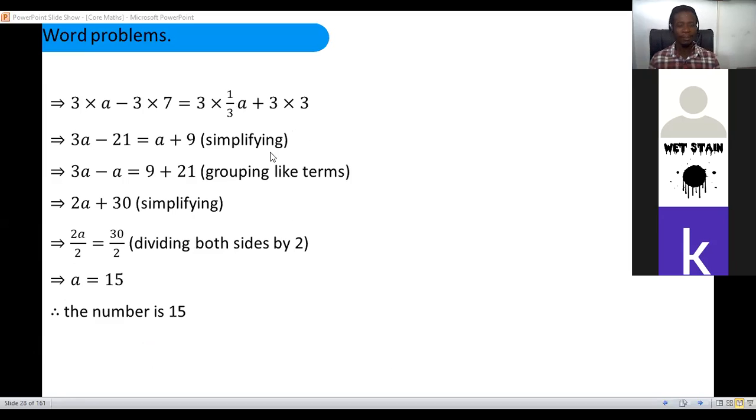Now when we simplify, this is the result: 3a minus 21 is equal to a plus 9. Then when we group like terms, we get 3a minus a is equal to 9 plus 21. Then we get 2a is equal to 30.